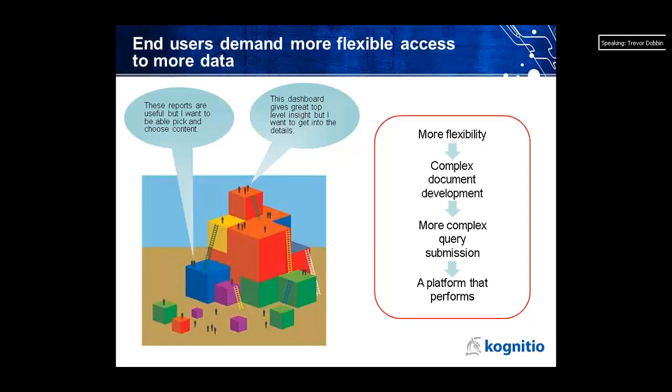However, if you have the ability for a user to define the information that they want within the report, then it becomes increasingly unlikely that the cache being held at present will be able to satisfy the next request that comes in for the same report. So the caches become redundant, and we need to go into the platform more regularly to satisfy more reports. So you need a platform that can perform this kind of analytical workload for many concurrent users.